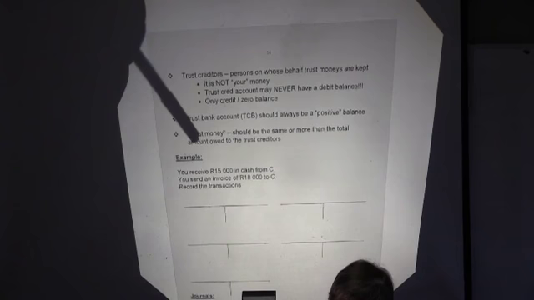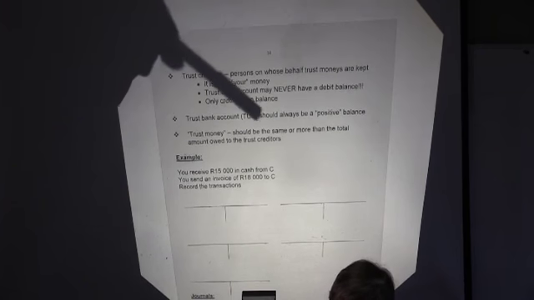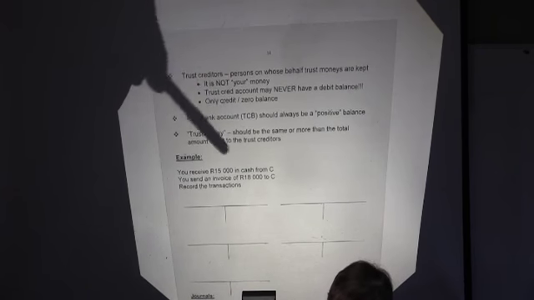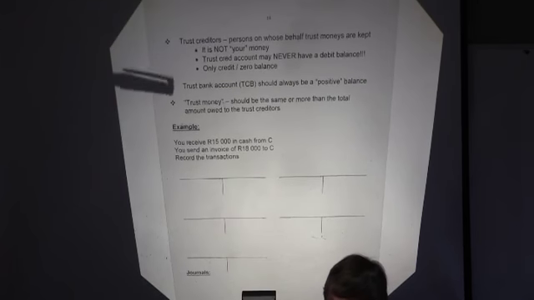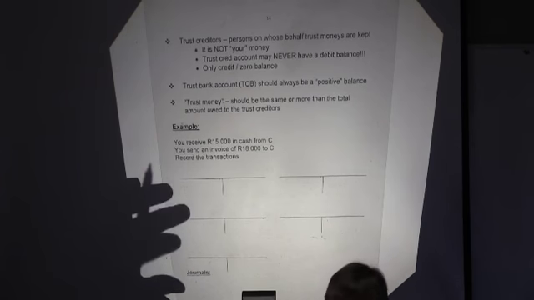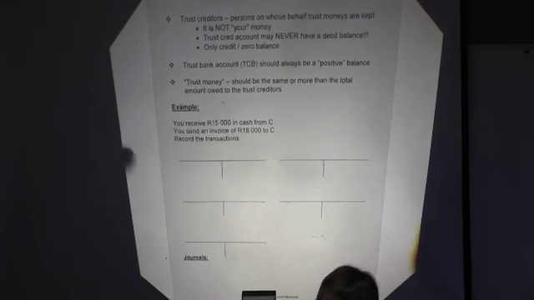And I've also mentioned that the trust bank account should have a positive balance and that the trust money should be the same or more than the total amount that you owe to your trust creditors, just by way of once again giving that information to you.